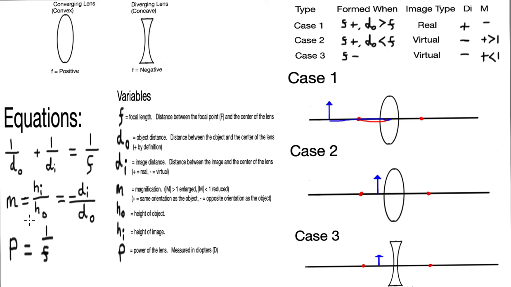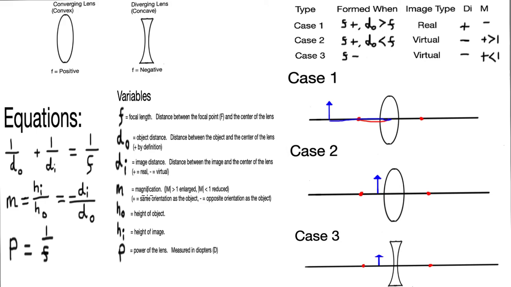Moving on to the second equation, we have magnification equals the image height divided by the object height, or equals negative the image distance divided by the object distance.